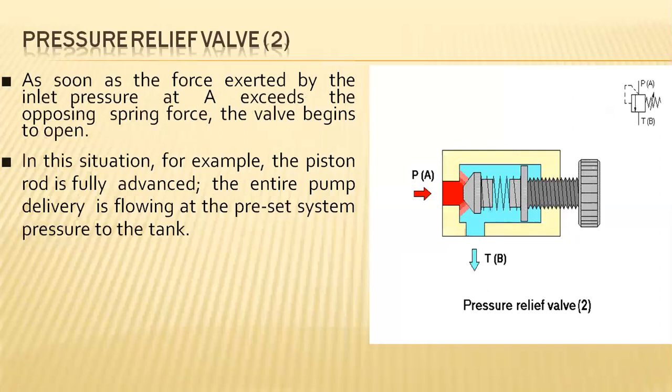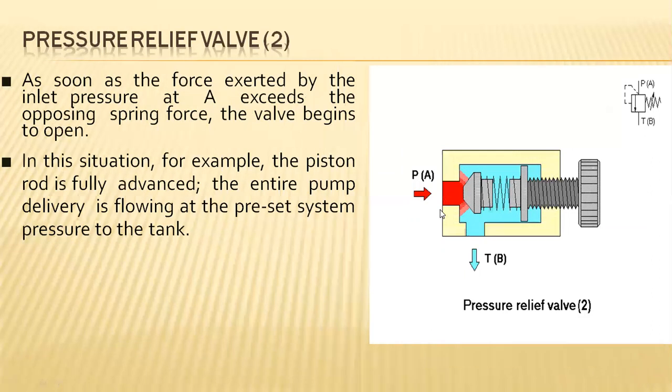And condition number two. Here, when the force exerted by the inlet pressure A exceeds the opposing spring pressure, the limit in the spring has been set with respect to a pressure of 3 bar.